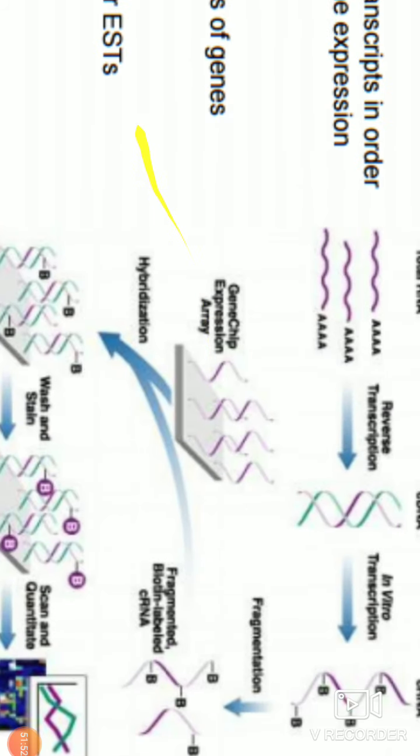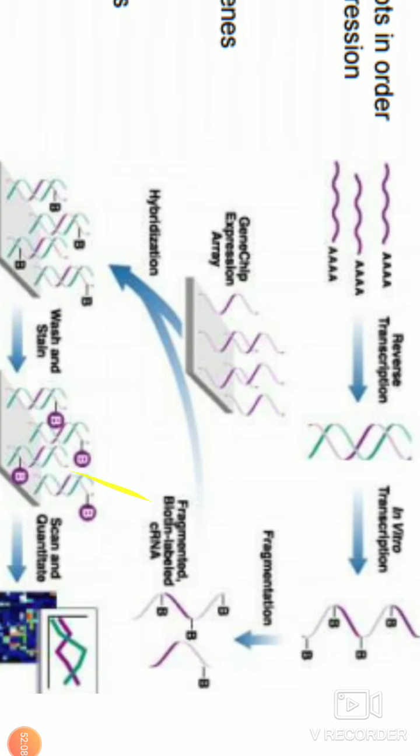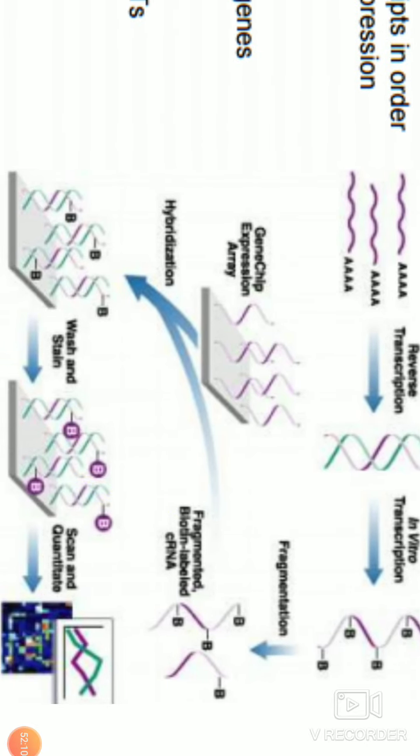For gene expression, as I told you before, RNA is isolated and reverse transcribed into cDNA, and then you have labeled probes tagged with biotin, and they are mixed with the spotted gene chip, and then you can see the hybridization.